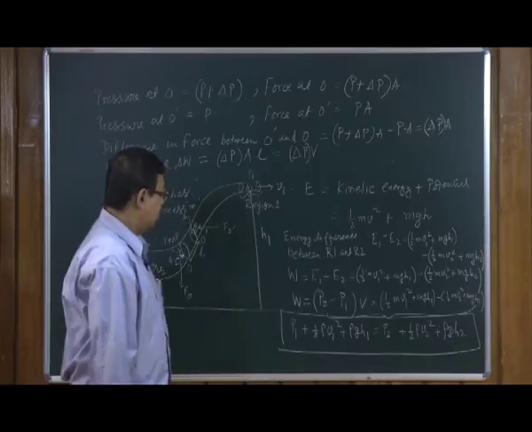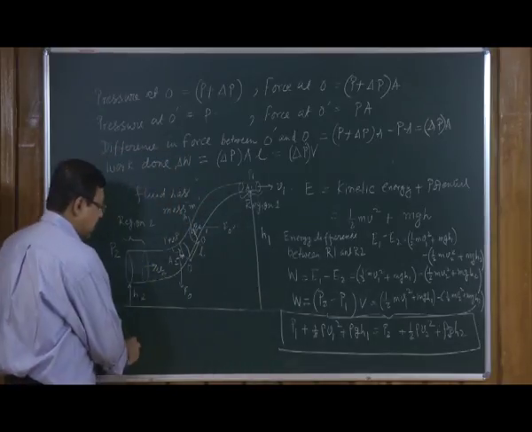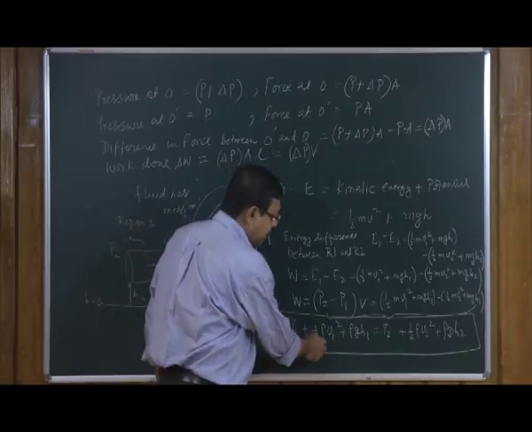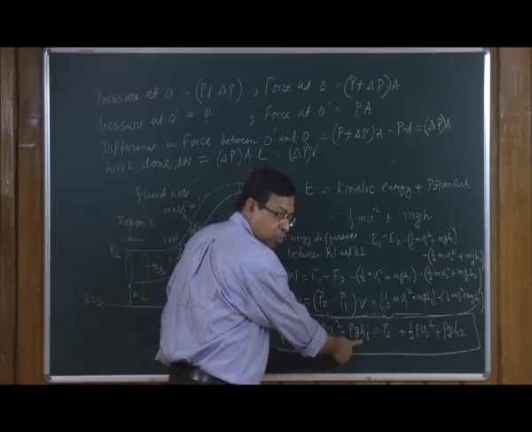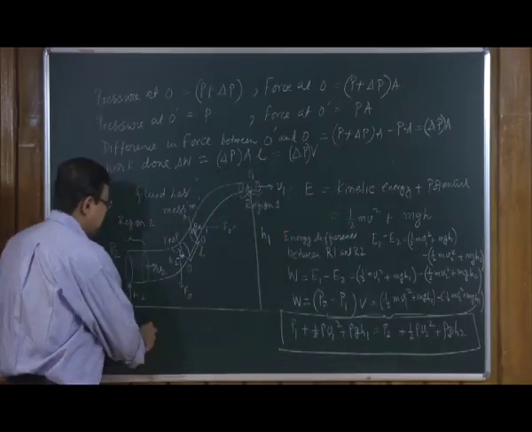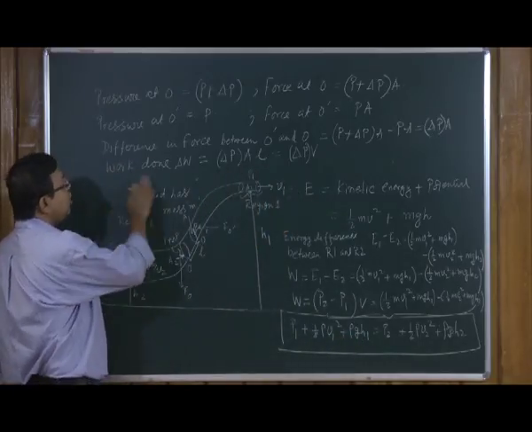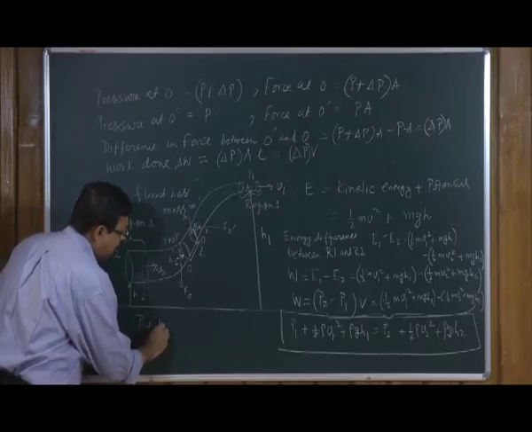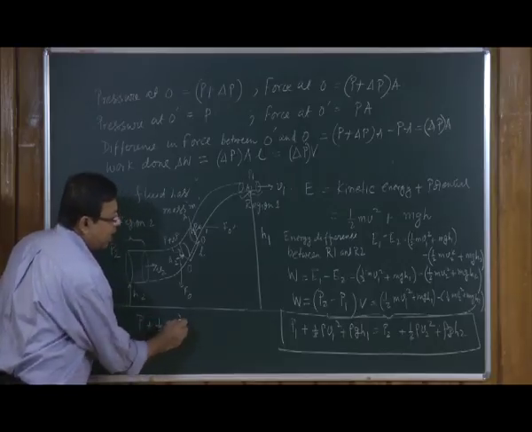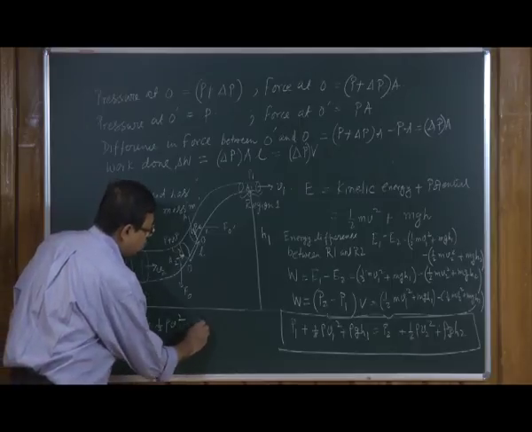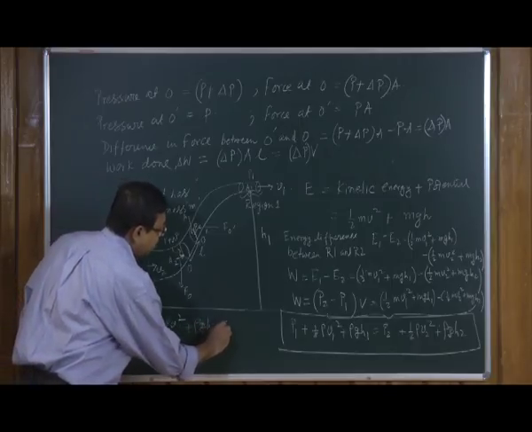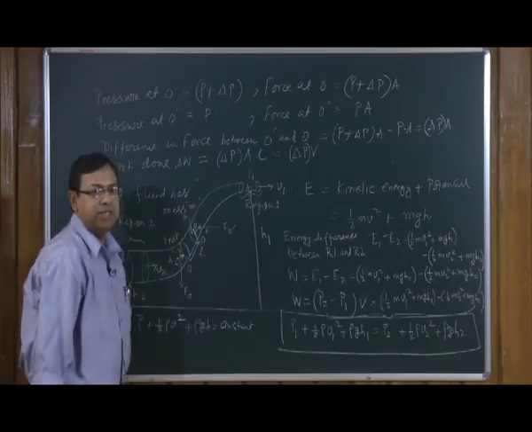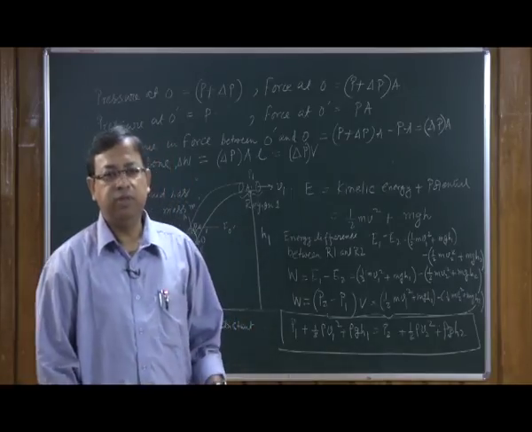So, in a generic sense, this is called the pressure head, this is called the kinetic head, this is called the potential head. So, we can write that in a streamline flow, the pressure plus half rho V square plus rho g H will remain constant at all points throughout the flow of the fluid.